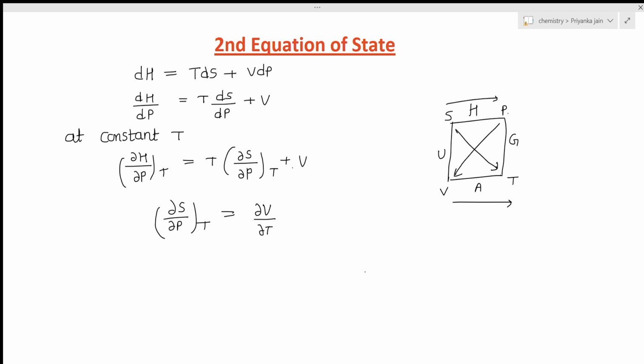Now see here, pressure is at the opposite side of the arrow, so when we are putting this pressure here, you will have to put a minus sign. Okay, this is your Maxwell relationship.